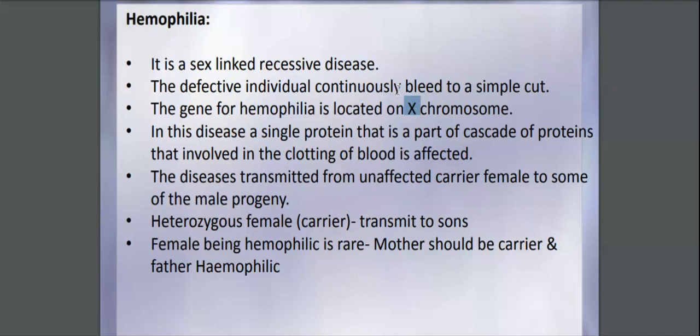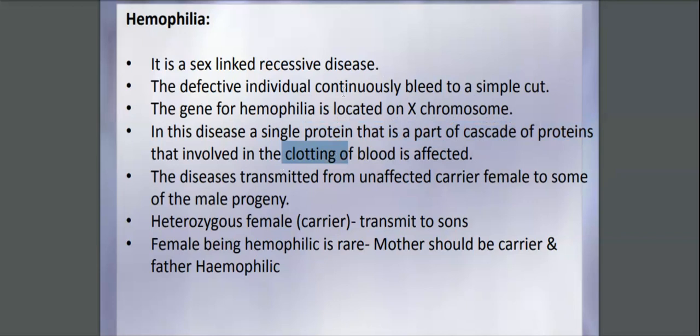Now, what happens during hemophilia? In a hemophilic individual, there is continuous bleeding of even a simple cut. This is because one of the proteins from a cascade of proteins that are involved in clotting is not being synthesized effectively or is not being synthesized at all.